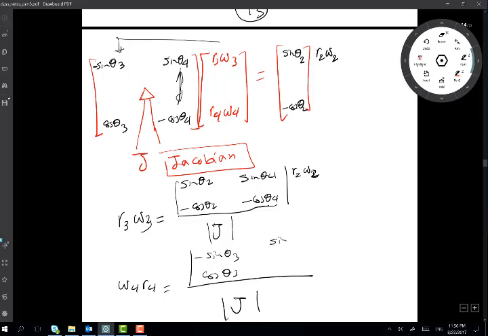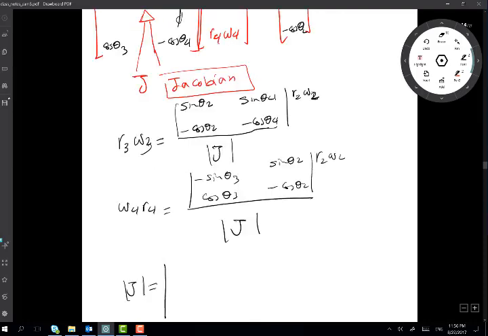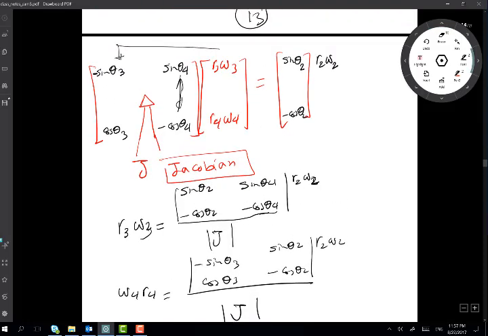So I'll have sine theta 2, and minus cosine theta 2 times this common factor here, the determinant itself, of minus sine theta 3, sine theta 4, and then cosine theta 3, minus cosine theta 4 over here.